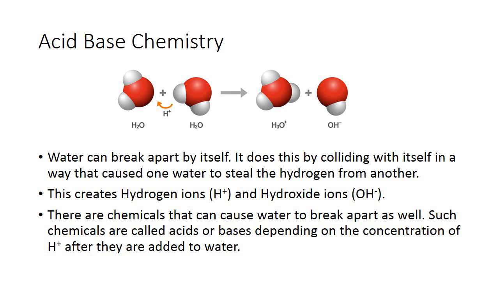What they really mean is hydrogen ions. Now, there's also chemicals that if I stick into water, it's going to cause water to break apart as well. And depending upon what the concentration of those hydrogen ions is after I add these things to the water, we call it acidic or basic, acids and bases.